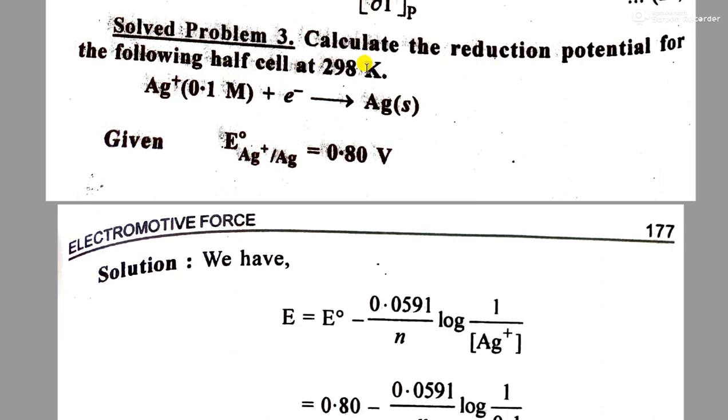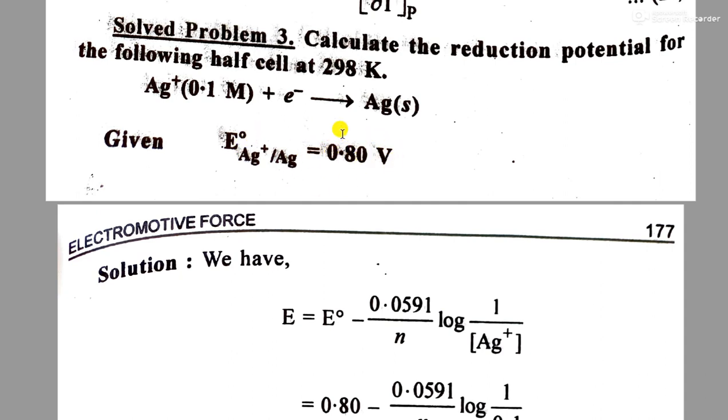So you know the temperature here, and you also know the concentration of Ag plus, that is 0.1 molar, and the standard E of the half cell is given as 0.8 volt.